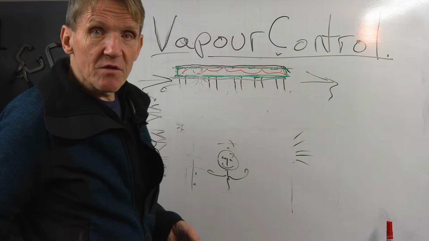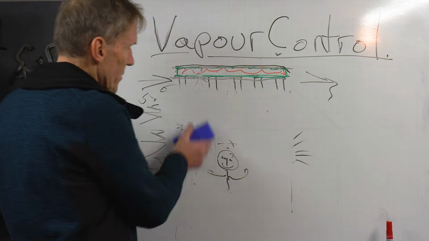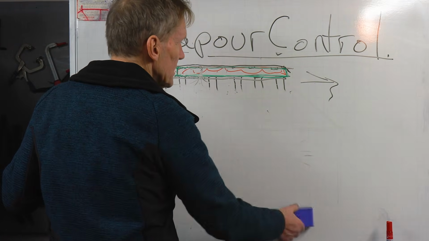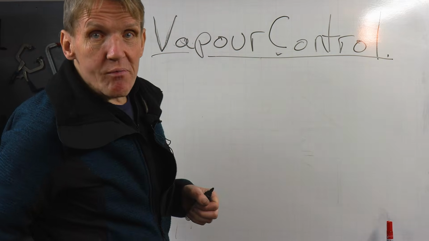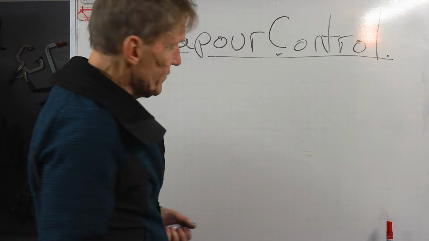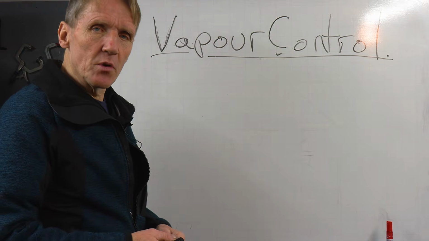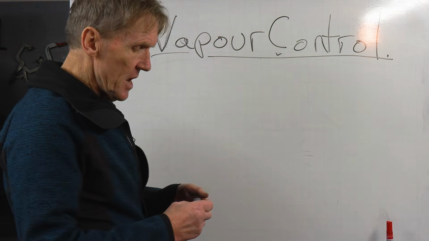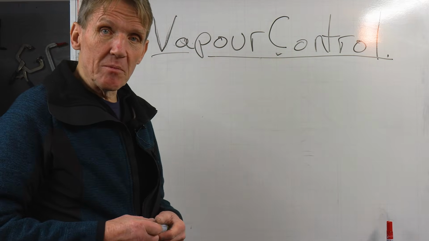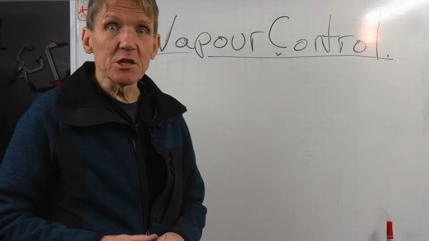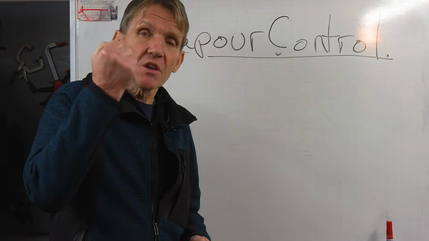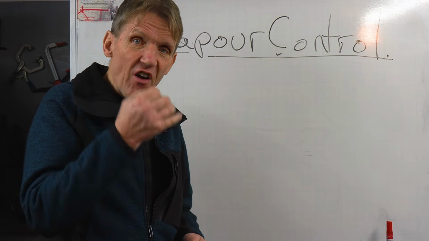There are loads and loads of vapor permeable products out there, and all you've got to do is look for them. Whether they're in the form of breather membranes, which go under your roof tiles, or other coatings that you put on the building, there are plenty that will allow that transmission of moisture. And the reason they'll allow it is because water vapor is very, very fine indeed.